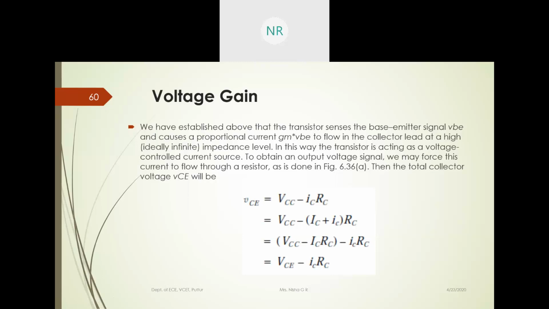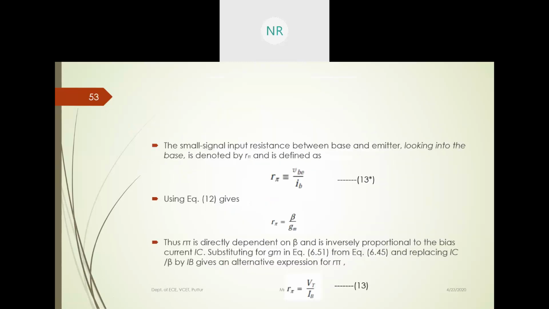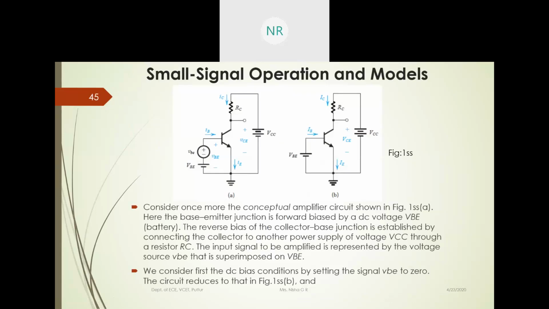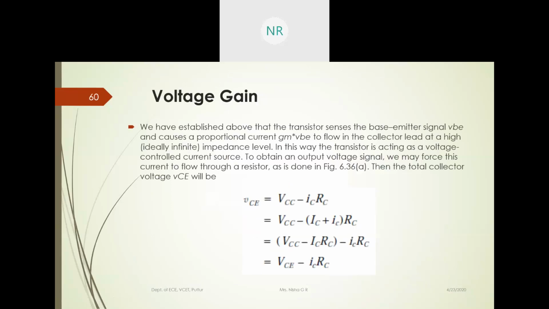That is the instantaneous collector emitter voltage, which we get by applying KVL to the output loop of the initial figure. So what is it? VCC minus IC RC, so VC is equal to VCC minus IC RC.